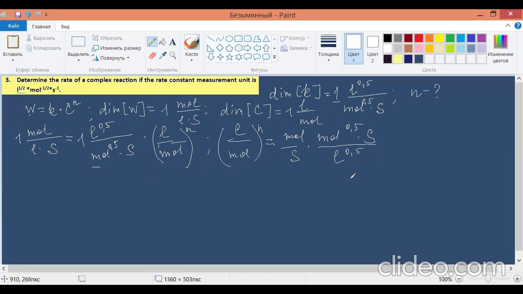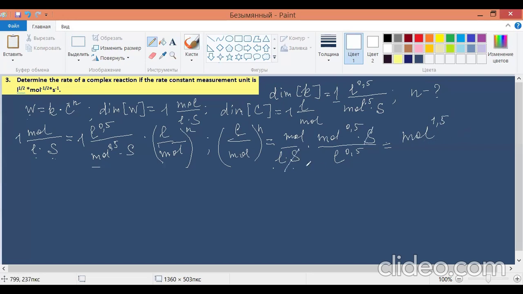I'm sorry, here liter, of course, is liter per second, mass liter per second. It means that L over moles raised to n is equal to mole times mole raised to a half, which gives us mole raised to 3 halves, or 1.5.